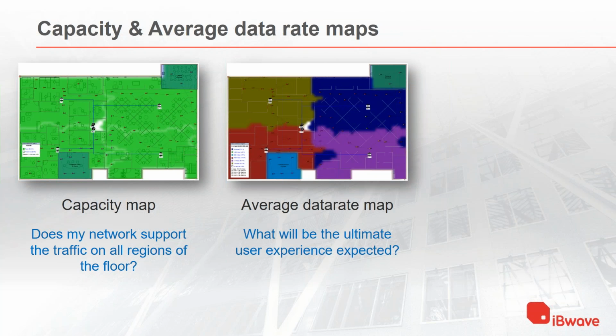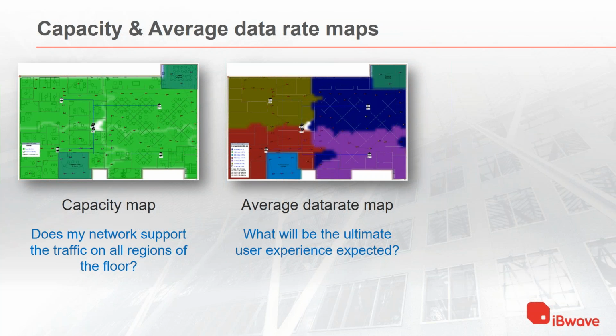The second map that we've added in Release 8 is the average data rate map, which is going to give you a precise view of the data rate available per user in a venue. This is very different from the maximum achievable data rate that we have today, which gives you the data rate that you're going to get if you are alone using the network, but the reality is very different.